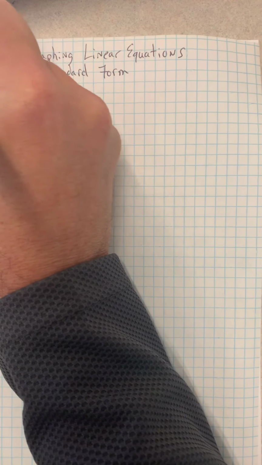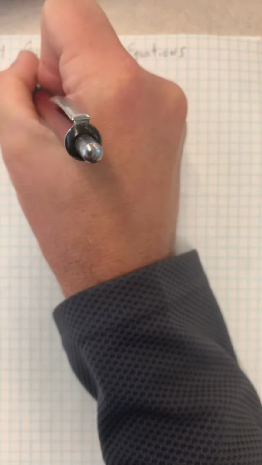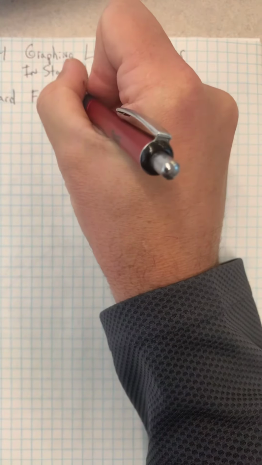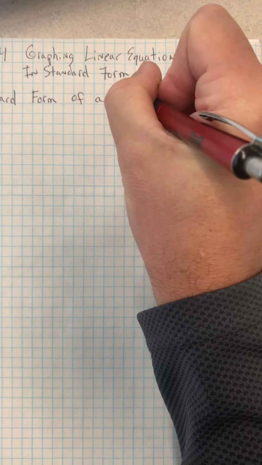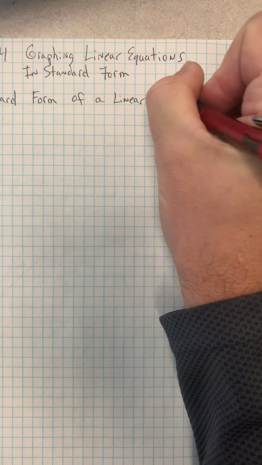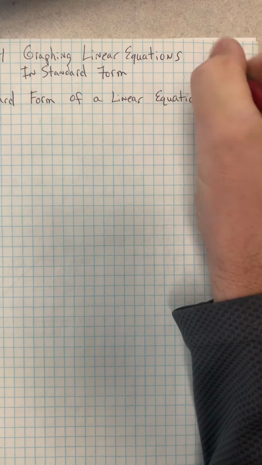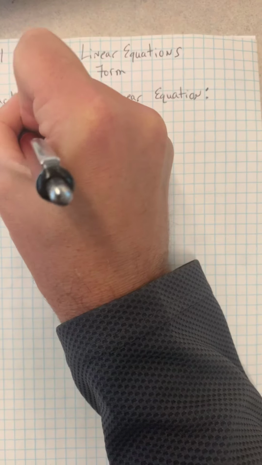Standard form is simply when the equation looks a certain way. Standard form of a linear equation is the following: ax plus by is equal to c.